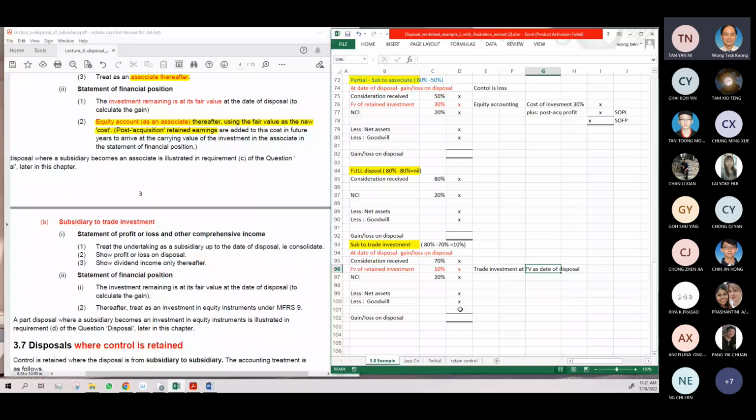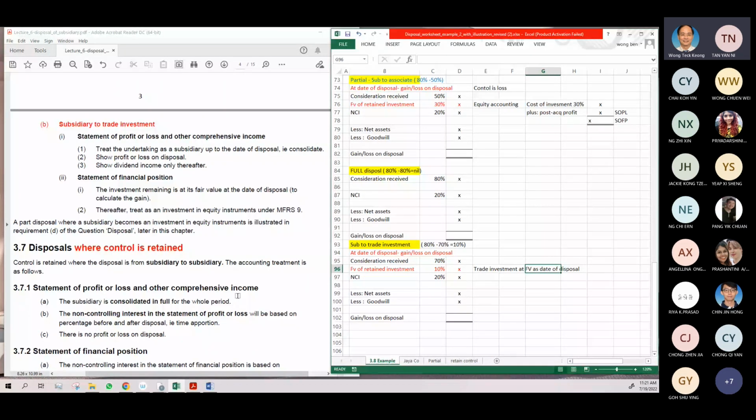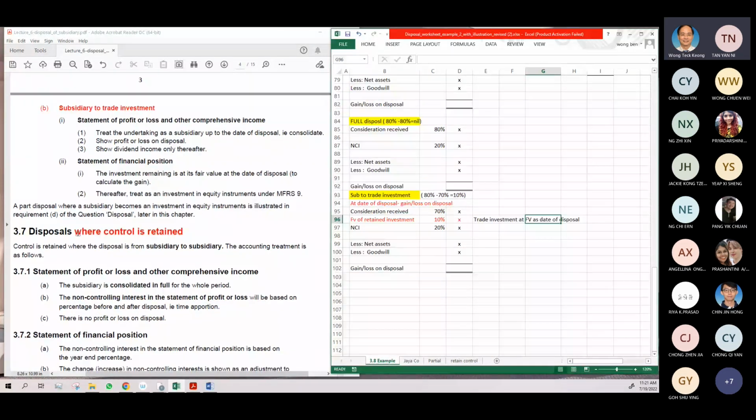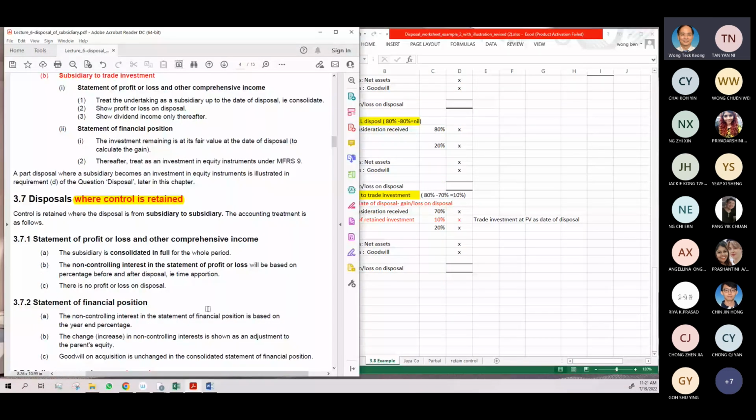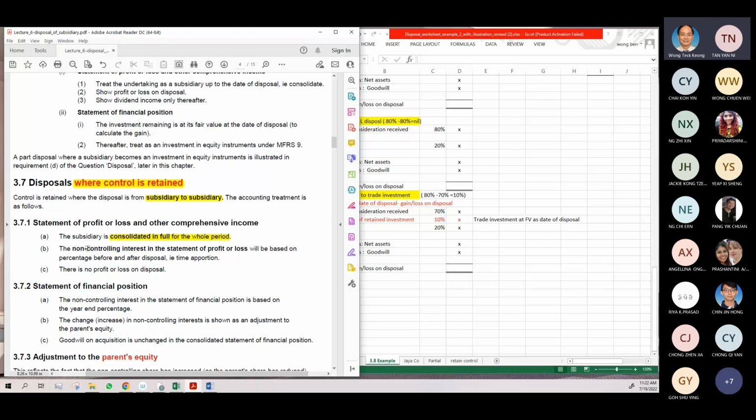So then the fourth type is when control is retained, basically from subsidiary to subsidiary. So in this case, you have control fully. As long as you're still a subsidiary, add across assets altogether, liabilities add across parent plus subsidiary, the revenue, the cost, all add across in P&L. But only when it comes to your NCI in your P&L, the bottom part, profit attributed to the NCI.